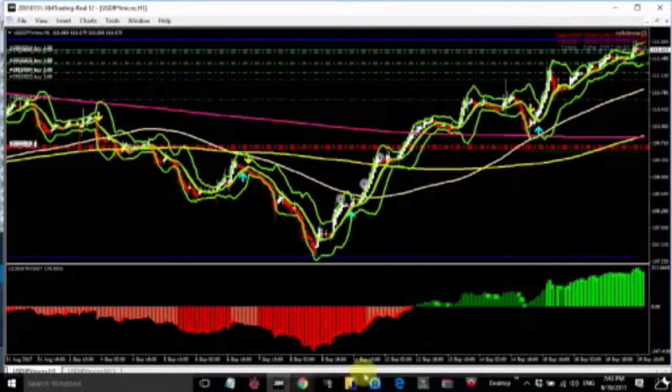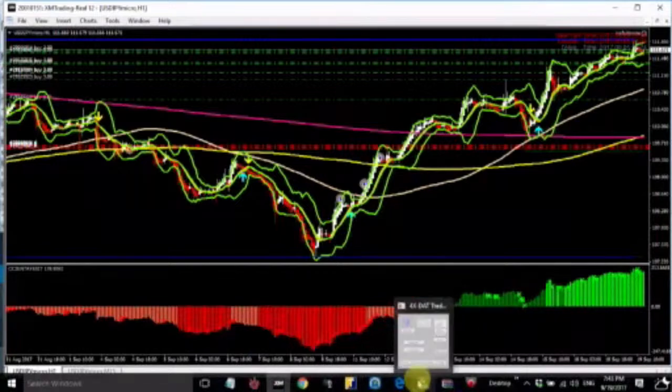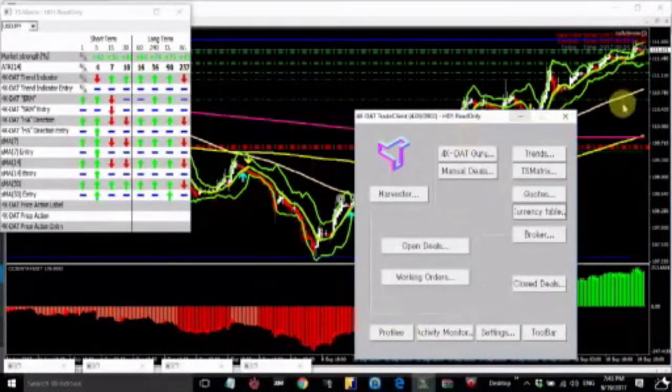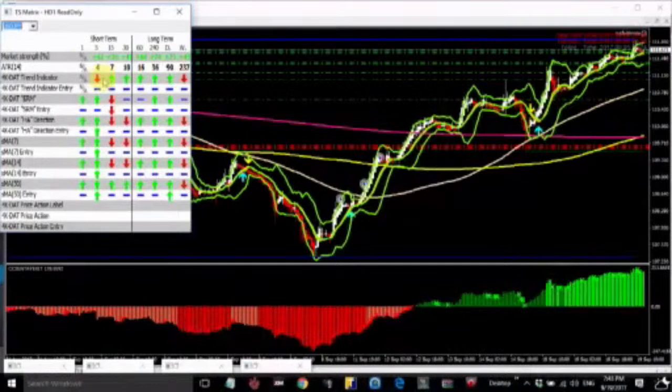Let me show you something that is also showing me the trend direction. Okay, look at this. From this point here I can see the bigger chart, what is going on with the bigger chart. Daily is up, 4 hours up, 60 minutes it's up.